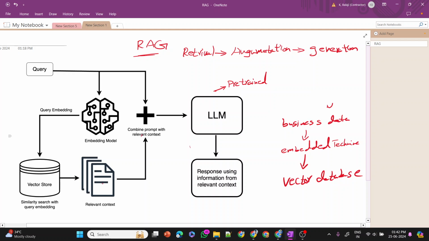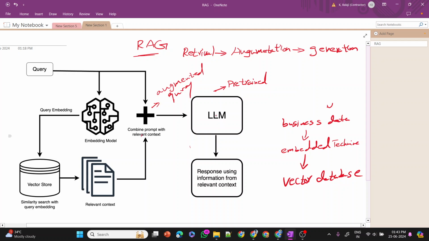The retrieved context information is then appended with the original query. This was the original query, and this was the retrieved content. Both together form an augmented query. This combination is called the augmented query.